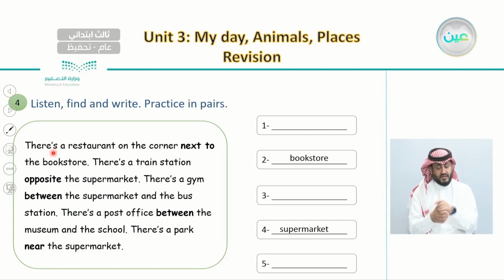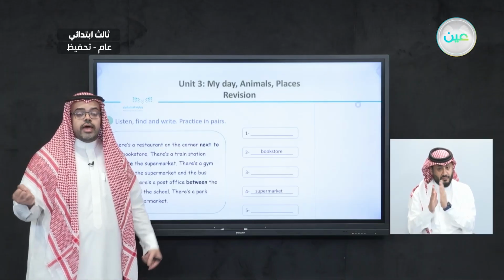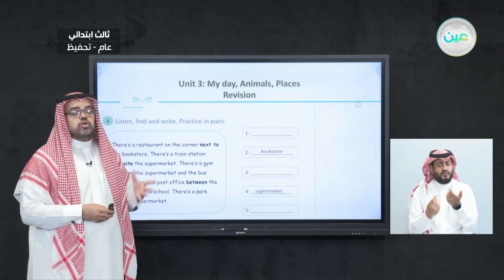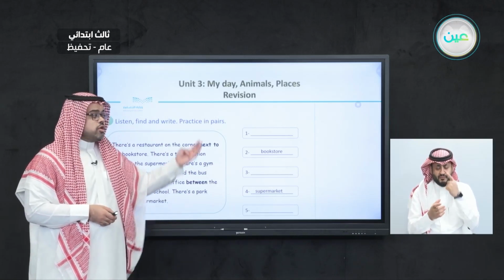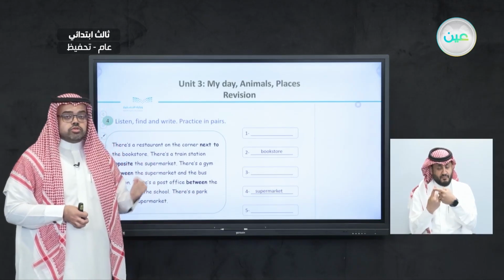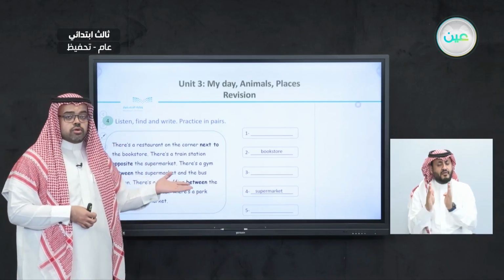There is a restaurant on the corner next to the bookstore. Here we're talking about a bookstore and a restaurant. First, we need to look for these 2 places. Do we have them here? Here we have only number 2, which is a bookstore.